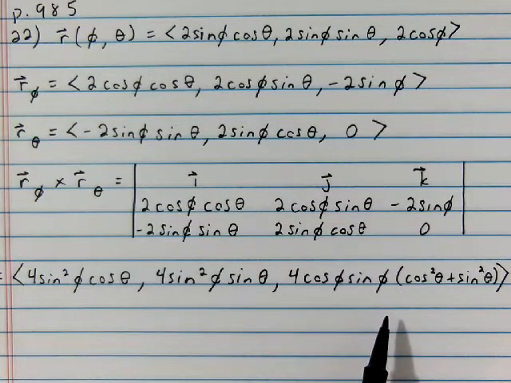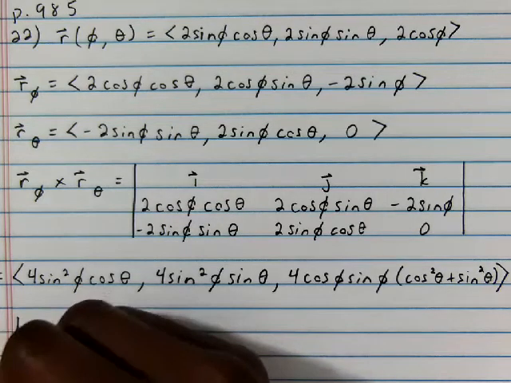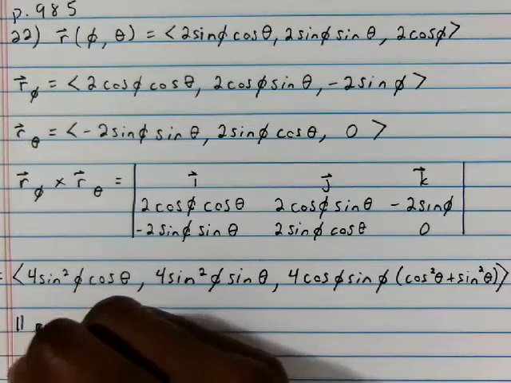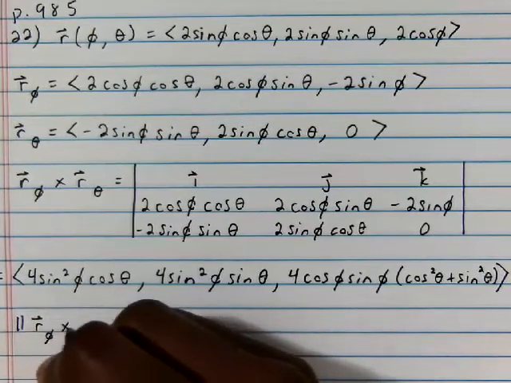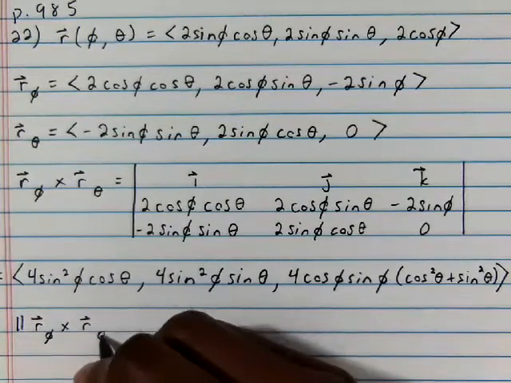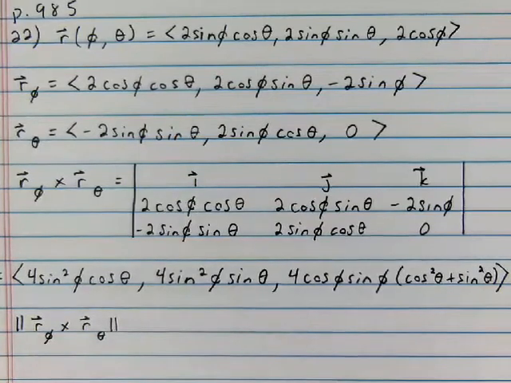And then we need to find the magnitude of that cross product. So the magnitude of r sub phi cross r sub theta is equal to the square root of this square plus that square plus that square.